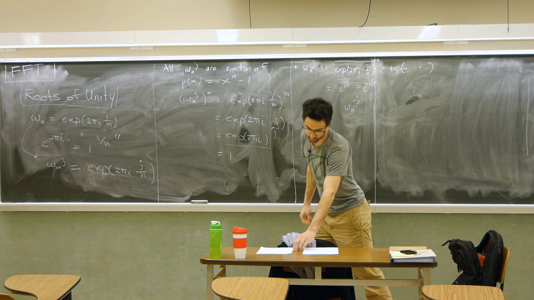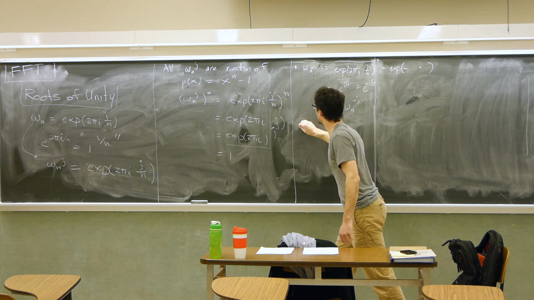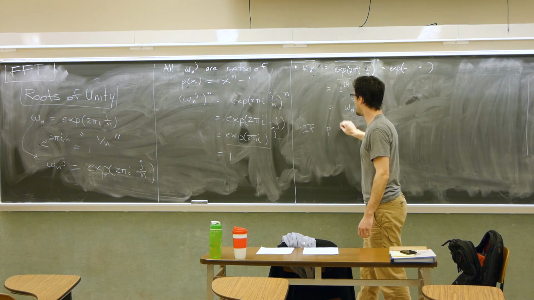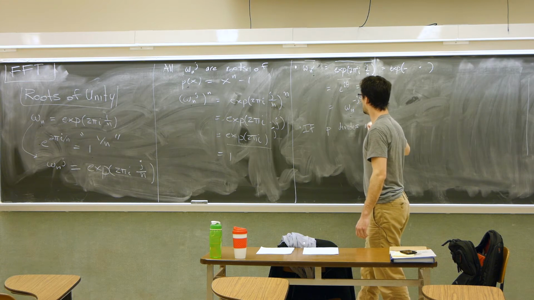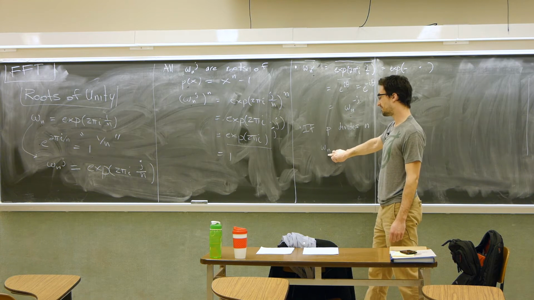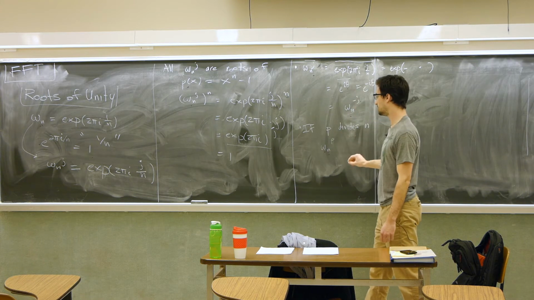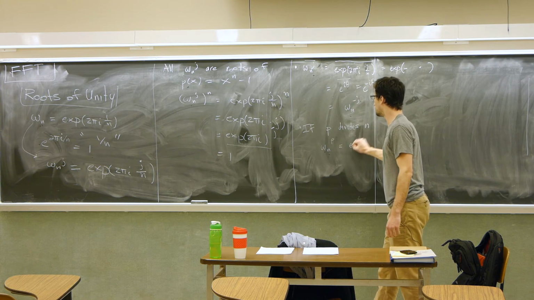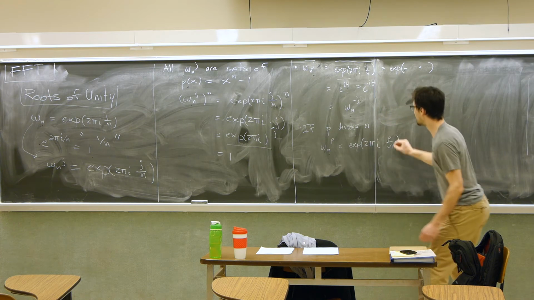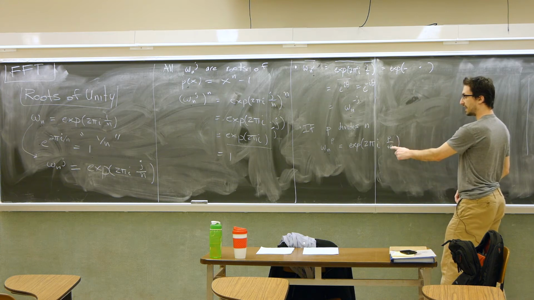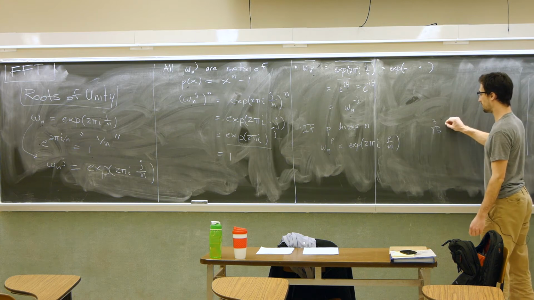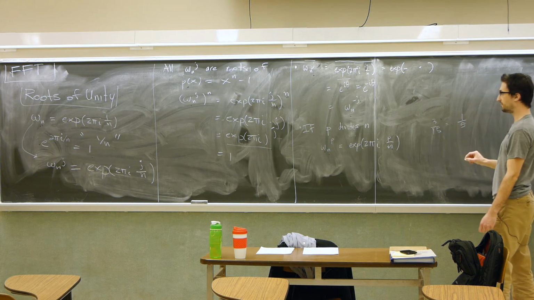And last thing, if p is some integer that divides n, then raising the nth root of unity to the power p gives us a different primitive root of unity. Since p divides n, let's say it's 3 and 15, you can think of that as 1/5.